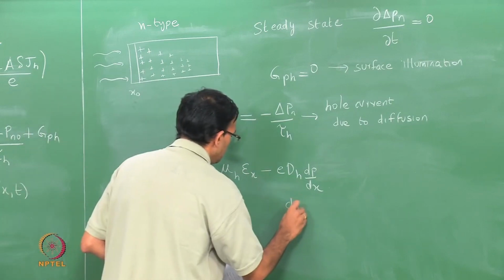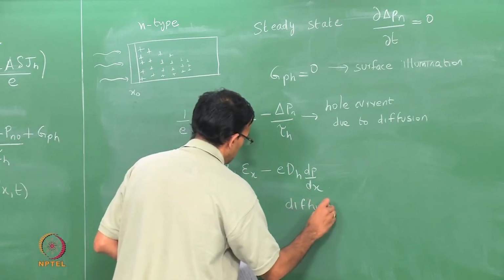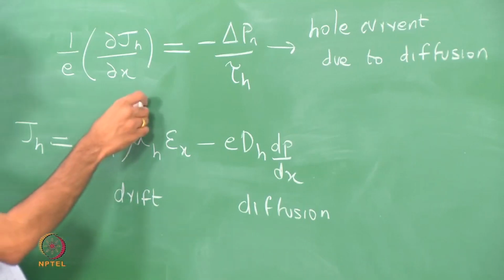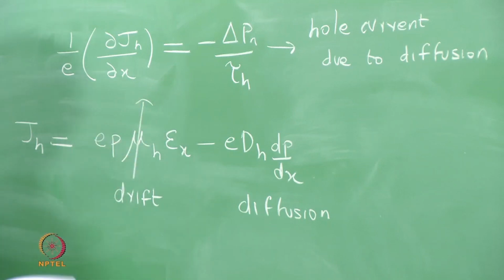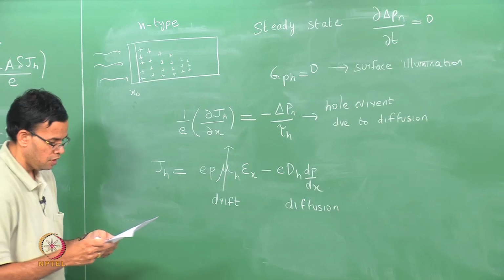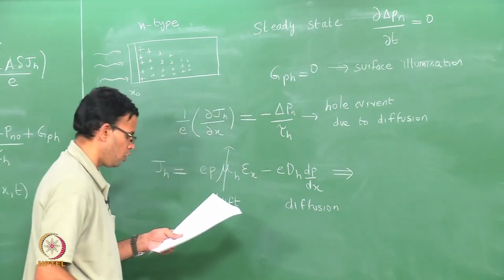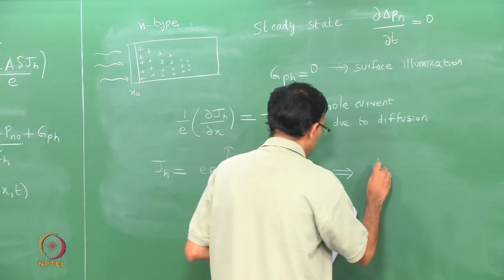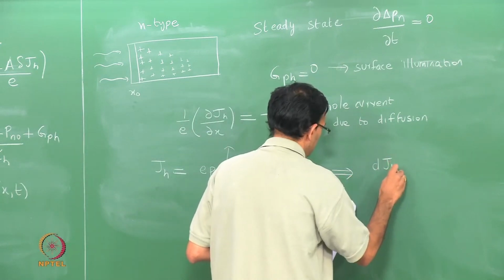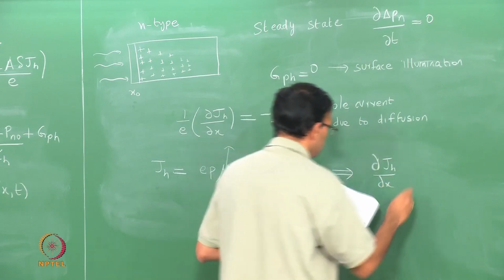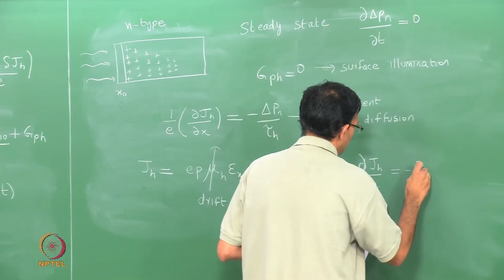The second term is due to diffusion. If we ignore the drift current, so that this part we ignore, we can equate this flux to this equation, so that when we differentiate, what we get, dou Jh over dou x is minus Dh d squared P over dx squared.